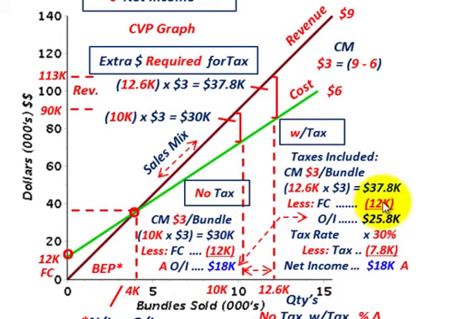We have to cover that. Subtract $12,000 from it, and we get the operating income that we targeted, that would include the taxes, $25,800. Our tax rate was 30%. 30% of that gives us a tax of $7,800.